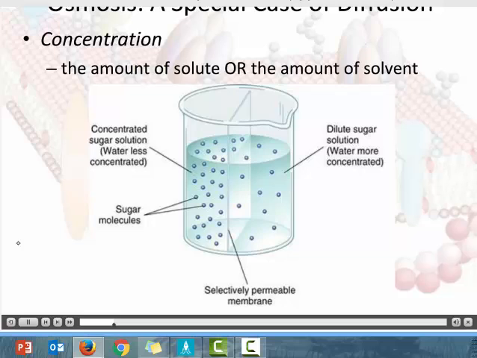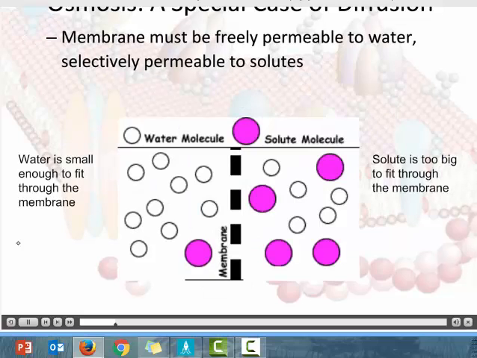Now, in order for osmosis to occur, our membrane must be freely permeable to water. And in general, when we talk about osmosis, our membrane will be selectively permeable to solutes. So from now on, when you think about a membrane, I want you to think water can move across no problem.